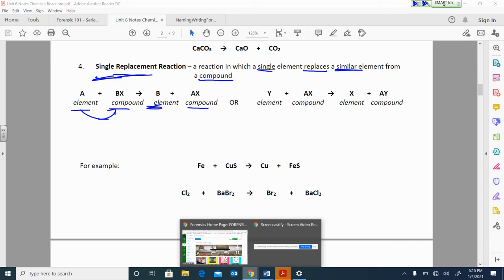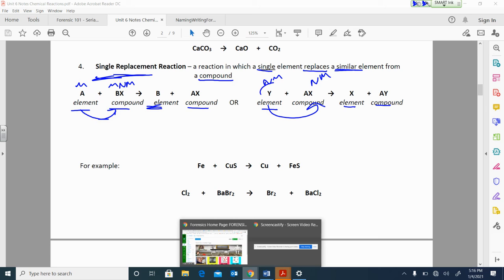Or we have a Y. So this is like a non-metal. So this would be like a metal kicking out the metal and joining the new non-metal, right? Over here, this is like the non-metal, so it's going to take out the similar one, so it's going to kick out X. It's going to kick out the other non-metal and take its place, leaving the non-metal again single, so the different non-metal X single, and taking its place in the compound, becoming A and Y. So you see that it kicked X out, so now X is single, and A took its place in the compound.